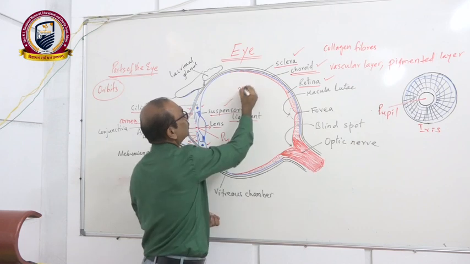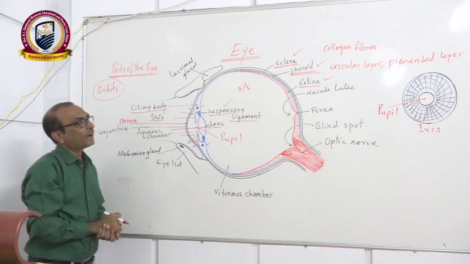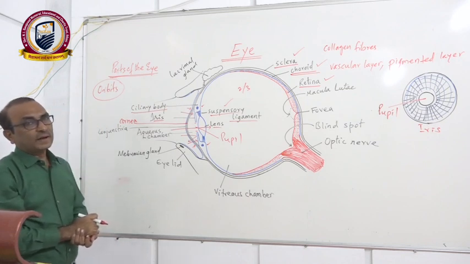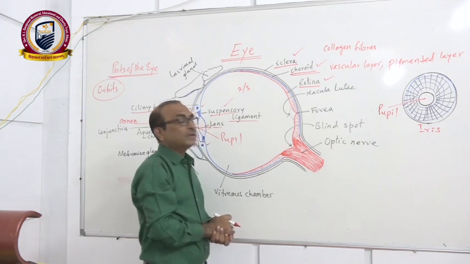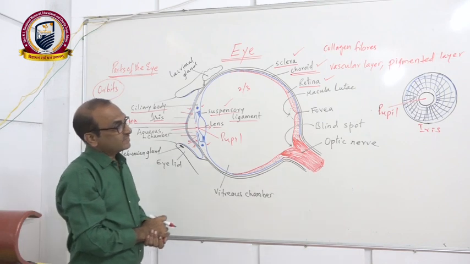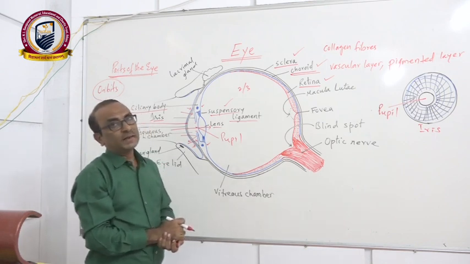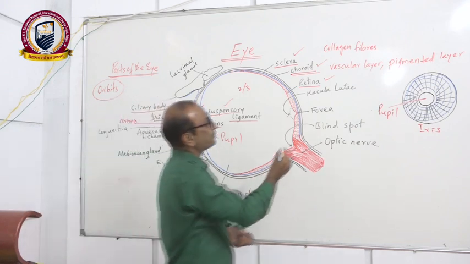About two-thirds of the posterior part of the eyeball is covered by the retina. The retina is a nervous or neural tissue. It contains the photoreceptors and the neurons. Therefore it is the photosensitive layer.